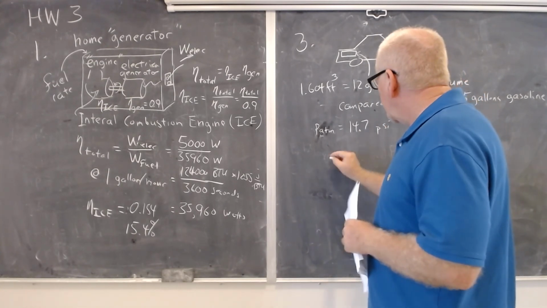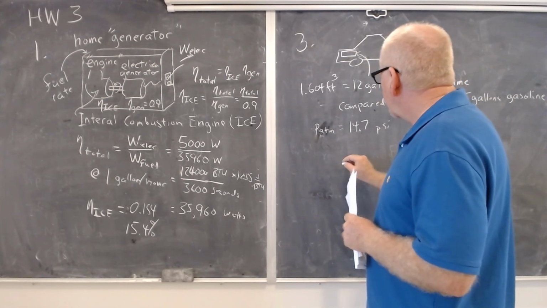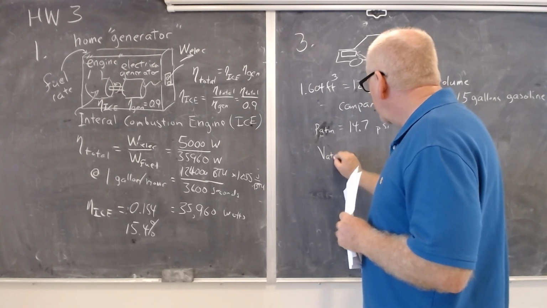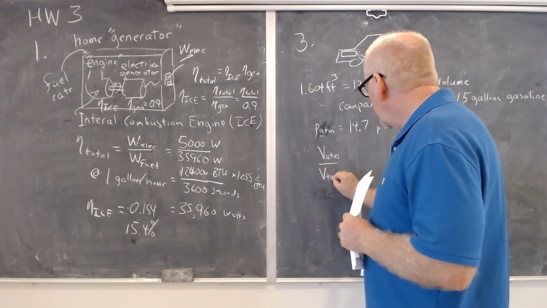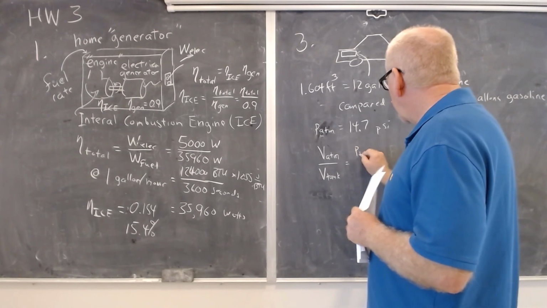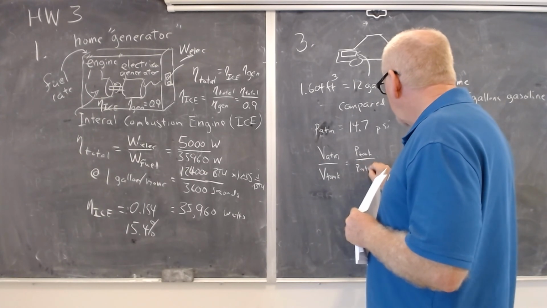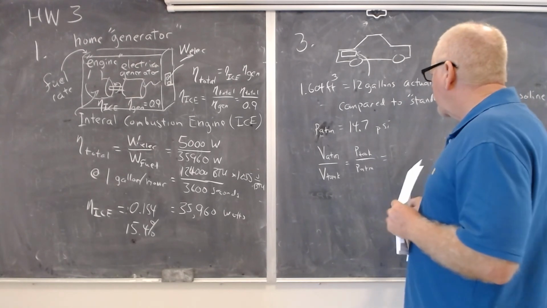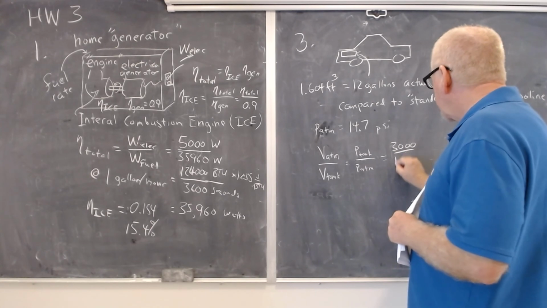And so the way to think about this is that V atmosphere over V of the tank is equal to P of the tank over P atmosphere. The pressure of the tank, I said, was 3,000 psi. P atmosphere is 14.7.